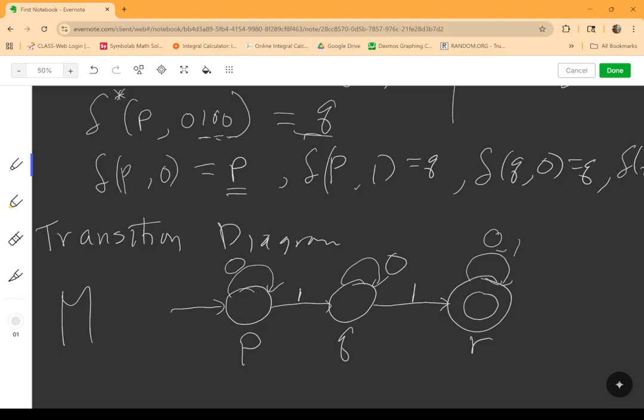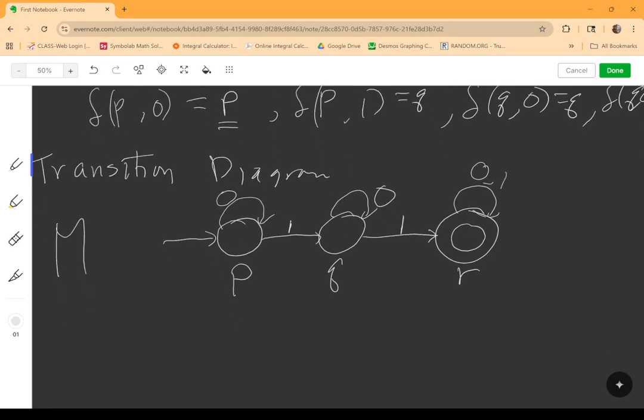This gives us a visual to trace the DFA, and we can see when it's accepted. It reaches the accepting state if it has two 1s. They don't have to be consecutive, just two 1s in general.